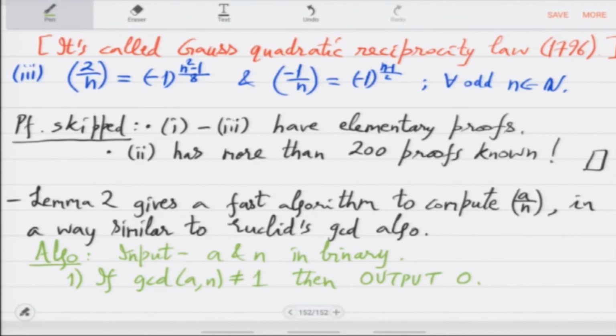So we will assume that a and n are co-prime, and moreover the interpretation of a is mod n. So reduce a modulo n, to between minus n by 2 and plus n by 2.